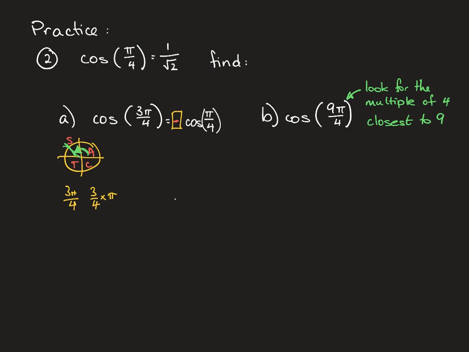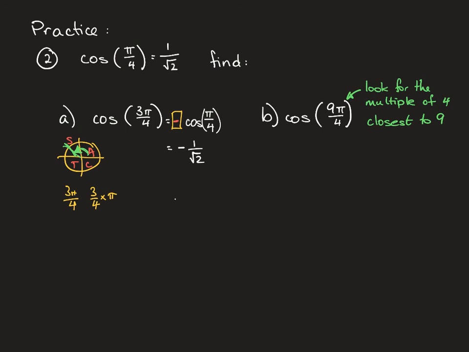And you can also see that if you just look at where, from this point here, it comes down and it sits for cos, it sits on the negative side of the x-axis. And so we know that cos of pi on 4 is 1 on root 2, so our answer for cos of 3 pi on 4 is negative 1 over root 2.